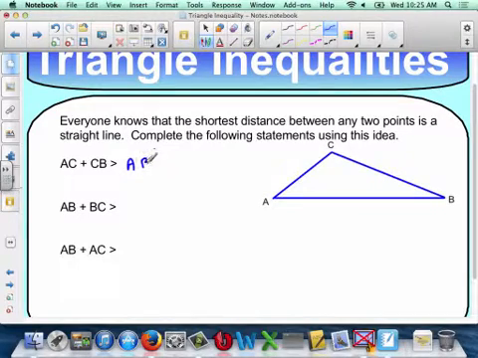Greater than AB. If I take AB plus BC, that distance is greater than what third side? AC. And finally, if I take AB plus AC, that's going to be greater than BC.